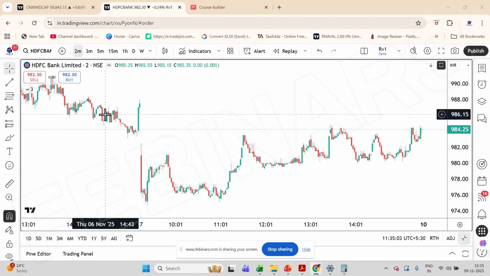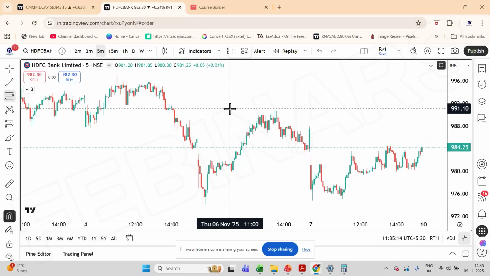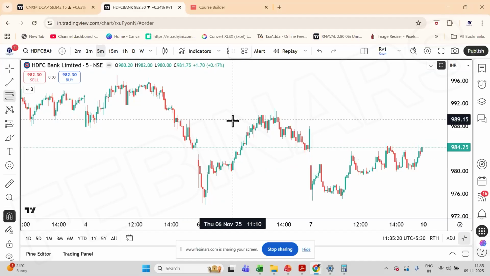I would prefer using Fibonacci usually on indexes, on intraday as well as larger degree time frames.